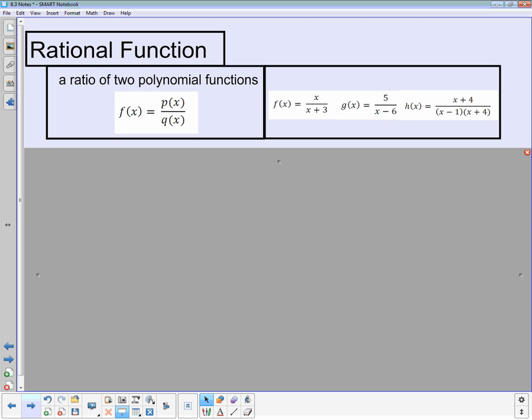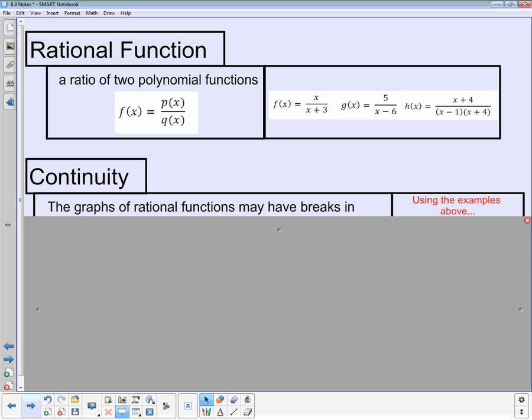Some examples: f of x is equal to x over x plus 3, I have a polynomial of x on top and a polynomial of x plus 3 on the bottom. g of x is 5 over x minus 6. Again, there's a piece on the top and a piece on the bottom. h of x, I have an x plus 4 on the top and an x minus 1 and x plus 4 on the bottom. So those are just a few different examples of rational functions and what they look like. And we've been looking at those the last few days.